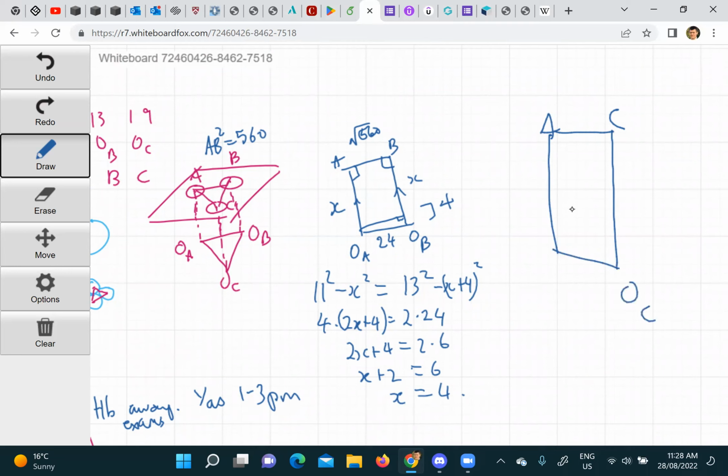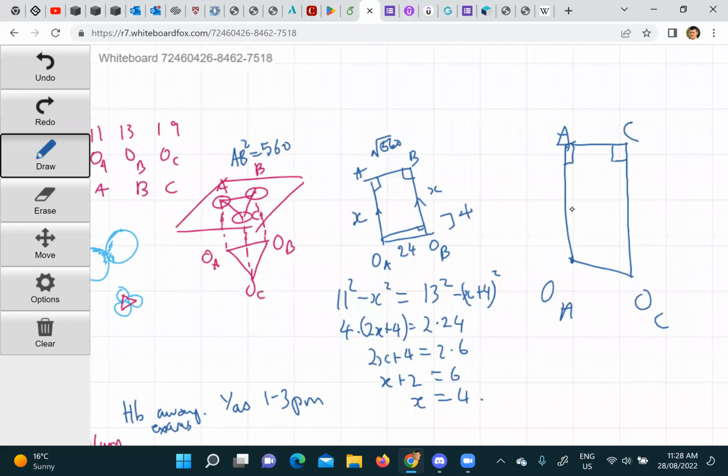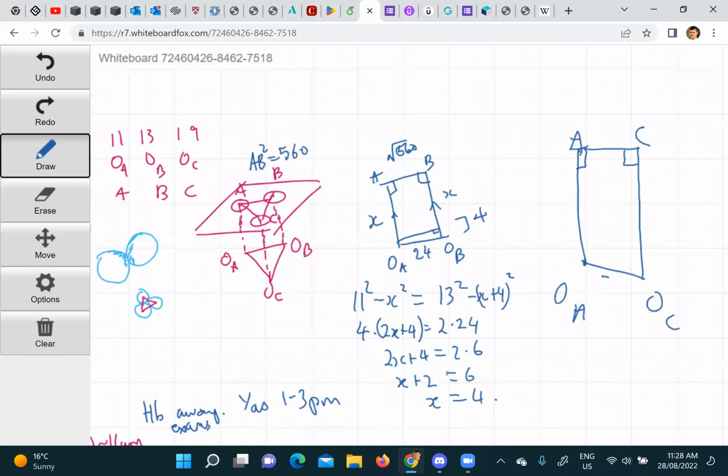OC, OA, is that right? Yeah. So for OA, OC, firstly we say that's 11 plus 19, so it's 30. We already have OA's 4. Good.